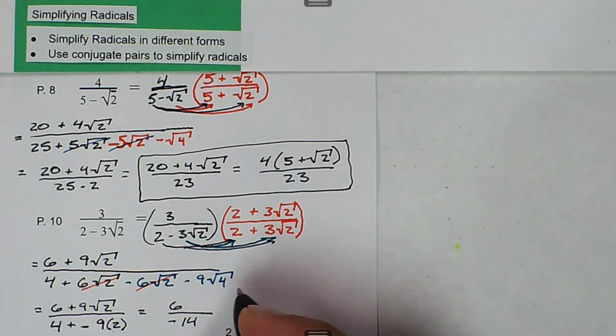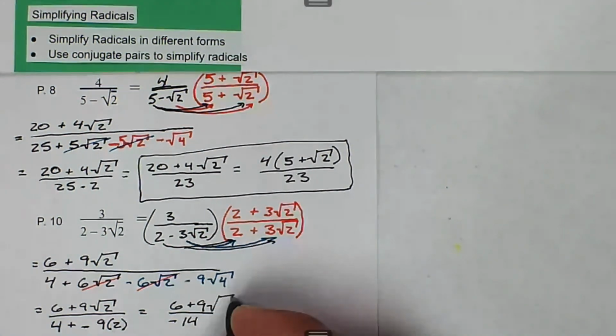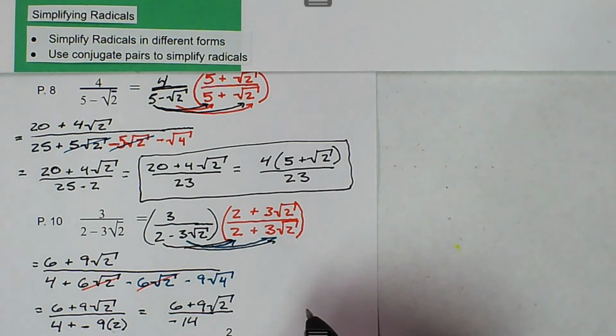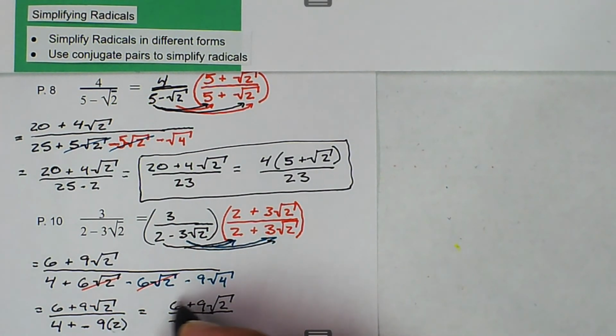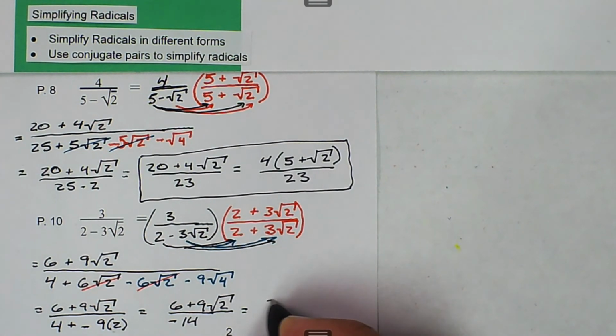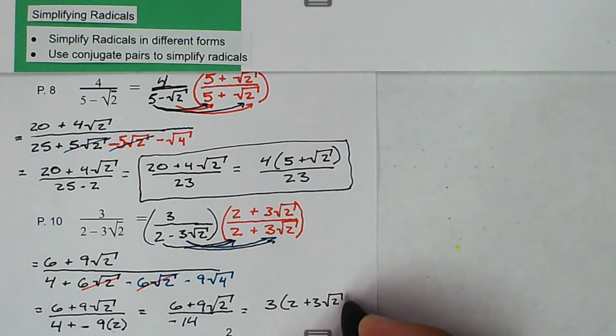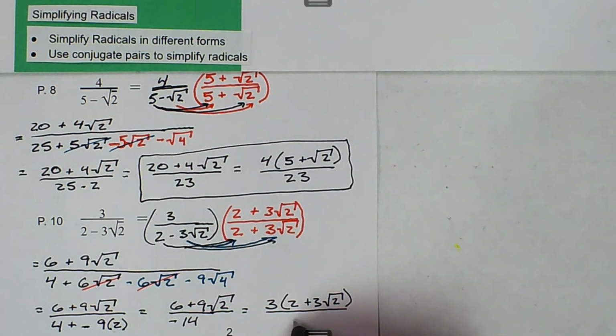And then we have 6 plus 9 square root of 2. And in the numerator, we can also factor out a 3. And we could have in the numerator 3 times 2 plus 3 square root of 2, and then still over negative 14.